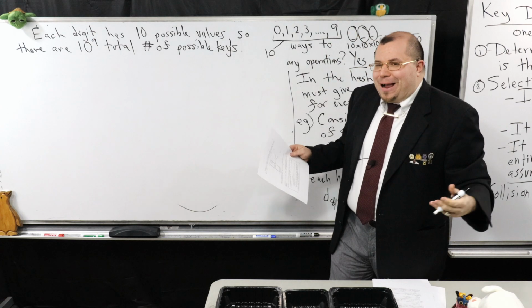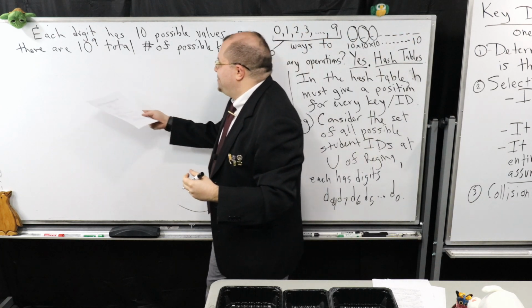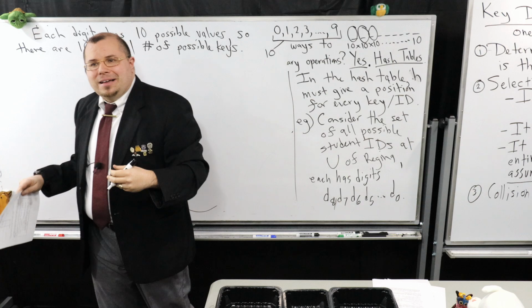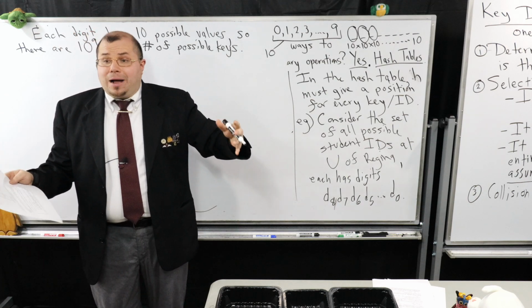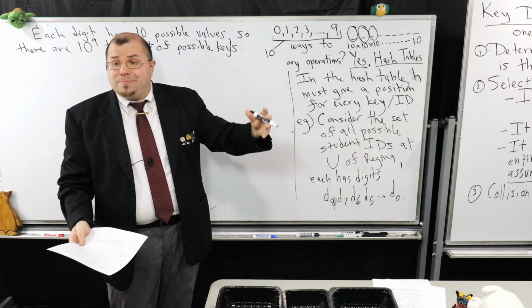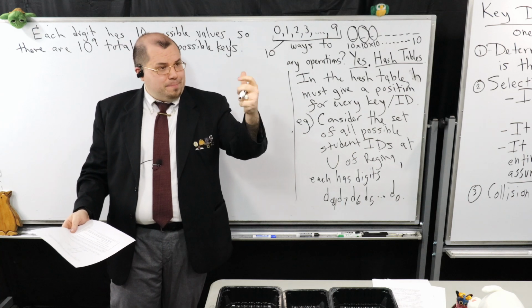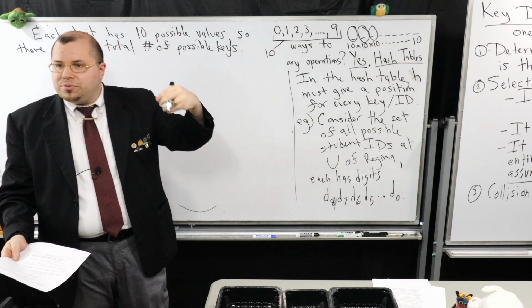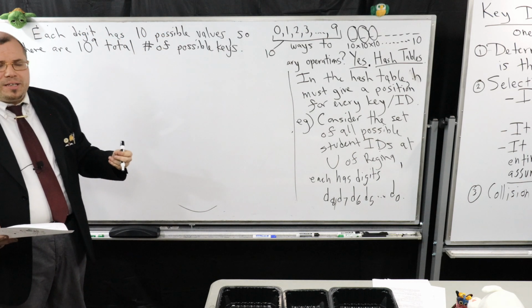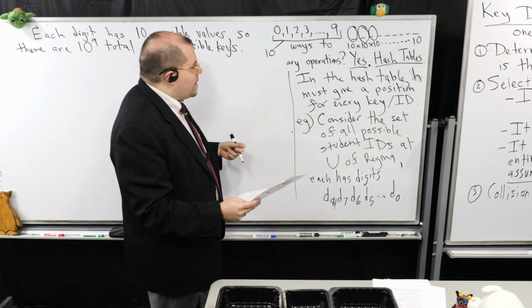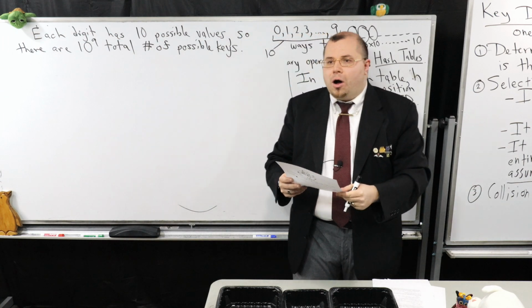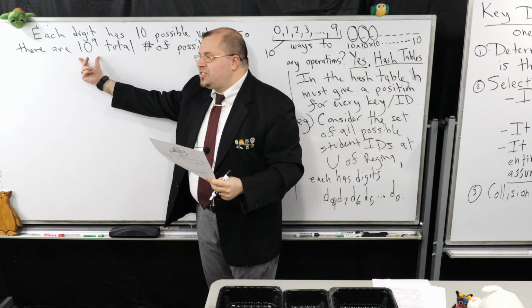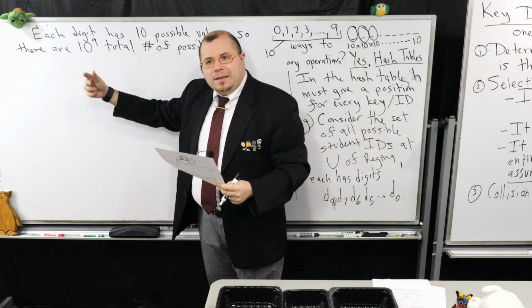Even practically speaking, this is a bit big. I've told you I would like to use some memory to speed up my operations, like get, put, and remove. So I'm going to use this hash table to store these records, but most certainly I'm probably not going to need all 10 to the 9 spots in a table, right?